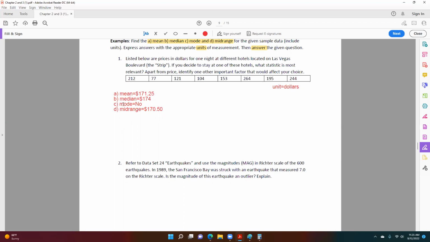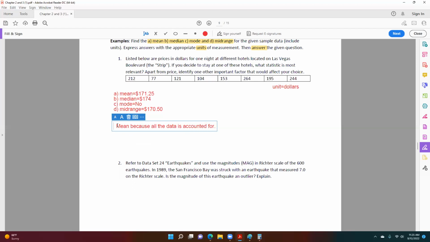Now we will not pick mode in this case because we don't have a mode here. So the majority of students will pick mean here. Some people will pick mean, and the reason why people pick mean is because all the data is accounted for.